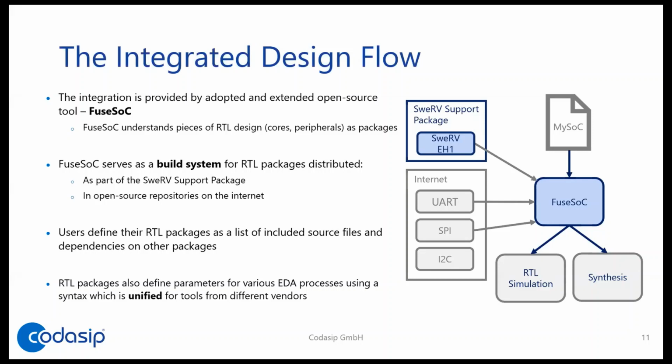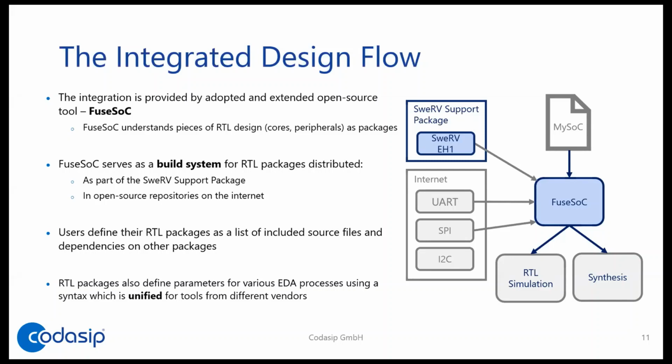These packages may be either distributed with the support package, so for instance, we include a version of the SweRV EH1 core right inside the support package as it is, or they may also be provided in open source repositories on the internet. This slide gives one example where you can see that some of the peripheral packages are on the internet, and the core itself is inside of the support package.